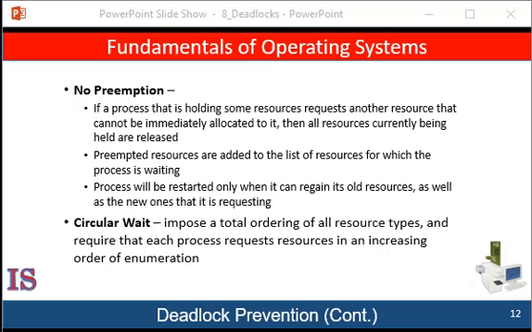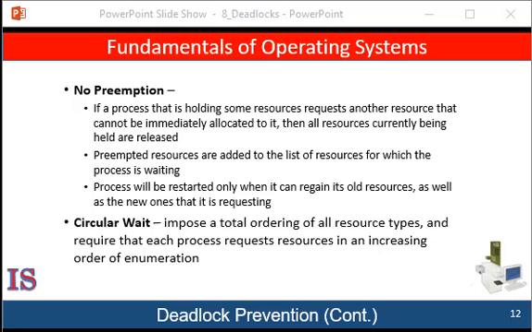One way to ensure that this condition never holds is to impose a total ordering of all resource types and to require that each process request resources in an increasing order of enumeration. Let's say we have a set of resource types. We assign each resource type a unique integer number, which allows us to compare two resources and determine whether one precedes the other in ordering.